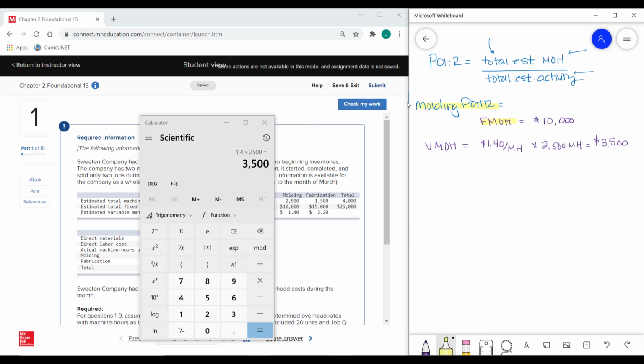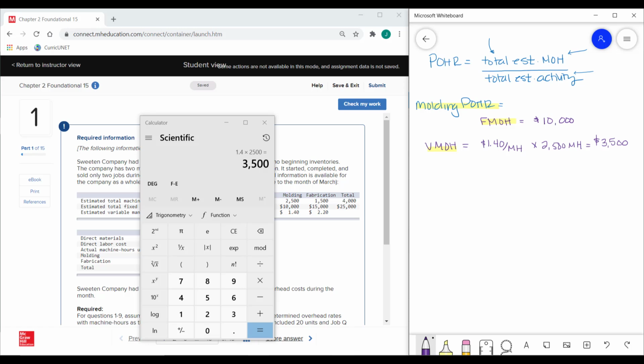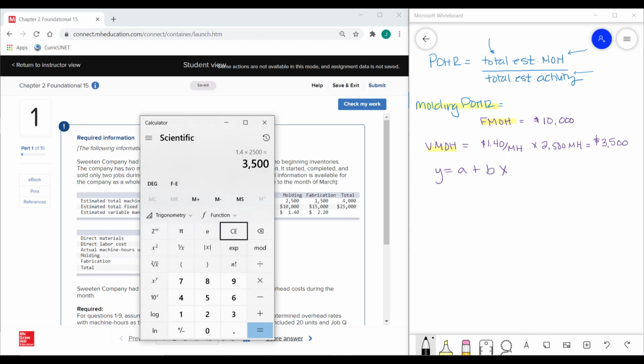Okay, so we have the fixed element and the variable element. So we will now add these together, and essentially we're using that cost formula, y equals a plus bx. So this a is the fixed portion, and this bx is the total variable portion, and where y is the total estimated manufacturing overhead.